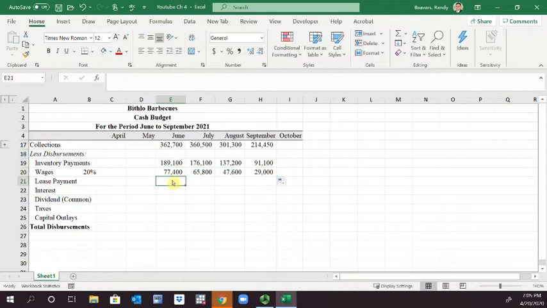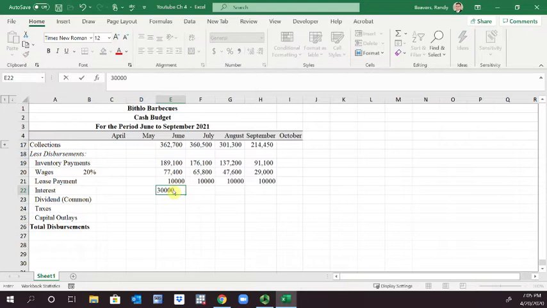The rest of these are kind of just made up and will be affiliated with whatever your company does. So for this particular company, they have a $10,000 lease payment every month. They're going to make an interest payment in June of $30,000, and then again in September.